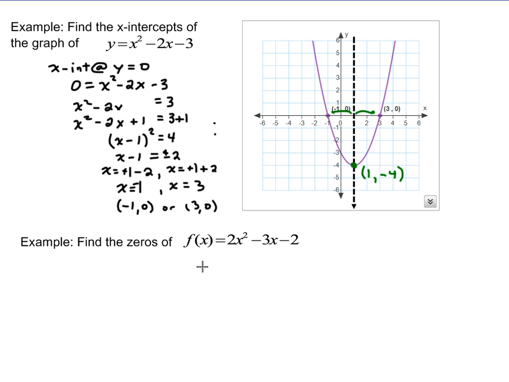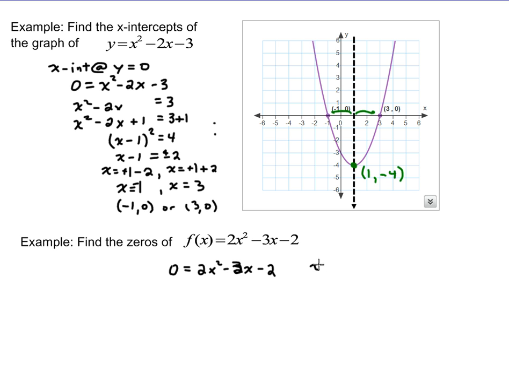If we set this equal to 0 and solve for x, let's see, 2x squared minus 3x minus 2. You know, this doesn't look like it's going to be the easiest thing in the world to factor. So what we could do is we could use our quadratic formula. Why not, right?